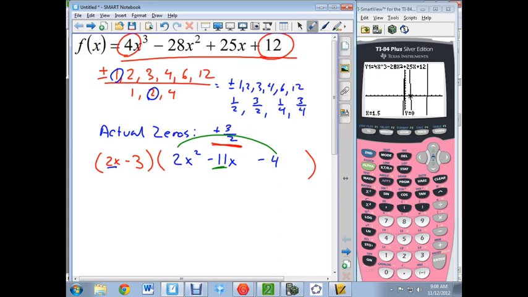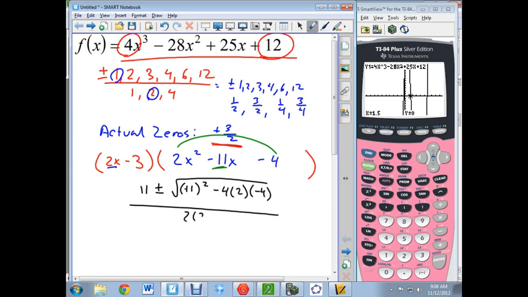A negative version of b would be a positive 11, plus and minus the square root of b squared, which is negative 11 squared, minus 4 times a, which is 2, times c, which is negative 4, all over 2 times a, which is again 2. We need to just calculate this out. That would be 11 plus and minus the square root of something all over 4.